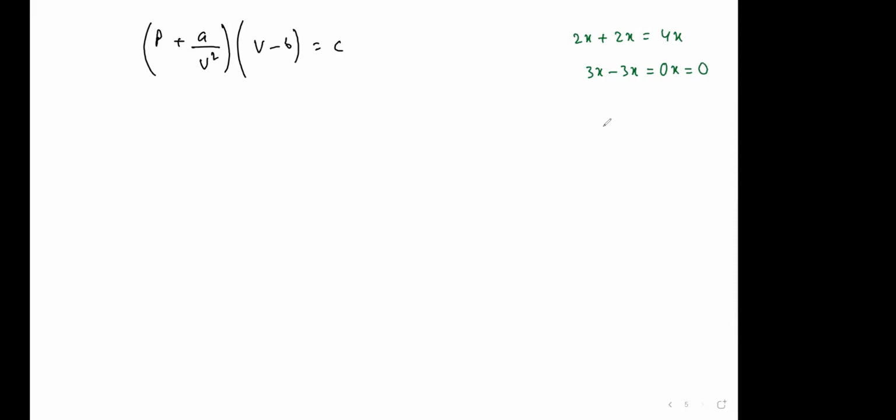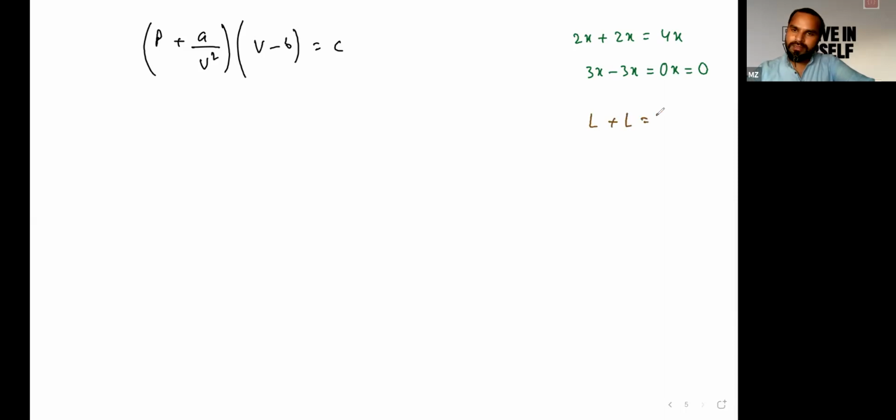Similarly, L plus L would be nothing but 2 times of L, and L minus L would be nothing but 0 times of L. In terms of dimension, this particular number 2, 0 represents nothing but a dimensionless constant for which there is no dimension. So we just neglect this. So we're left with nothing but L. Similarly, 0 is a constant number, so we can neglect it.